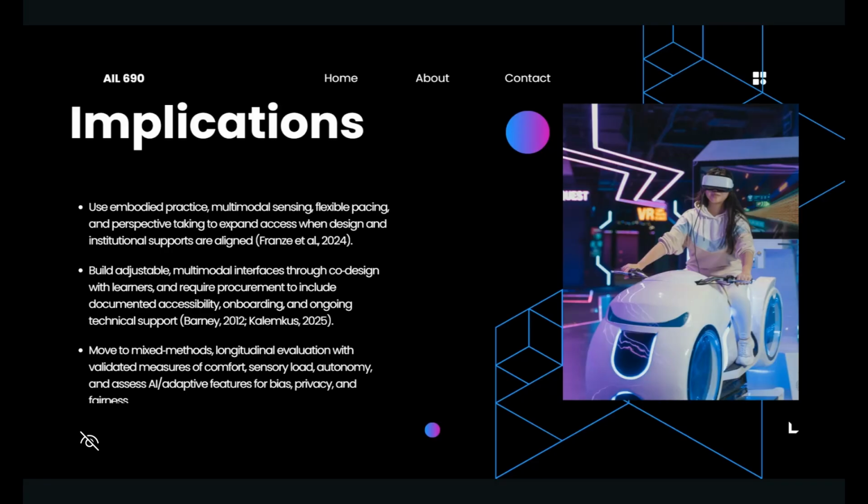It's also really important to explore the policies, procedures, and procurement to ensure long term support of virtual reality technology for all learners. Moving forward, I think it's important to use mixed method studies combined with longitudinal evaluations to measure comfort, sensory load, autonomy, and VR features rather than just looking at task completion.